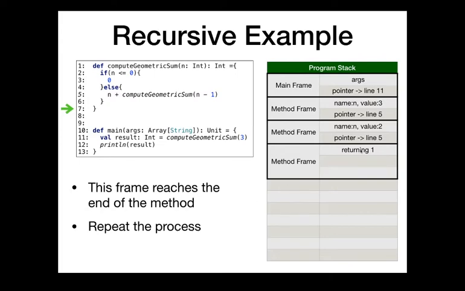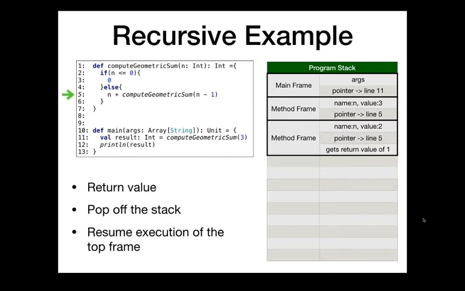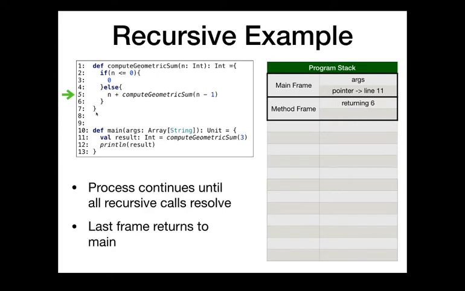We're going to return 1, destroy that frame, give that back to the next frame on the stack. It gets that return value of 1. Its value of n is 2. It's going to compute 2 plus 1. Resume its execution. That's its last line.